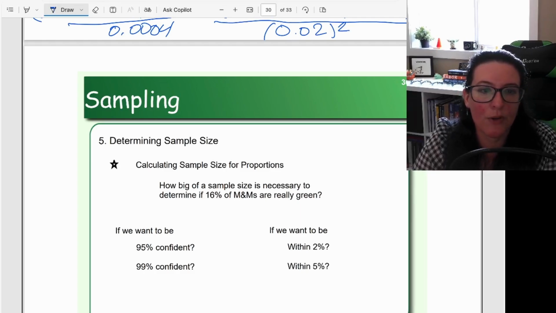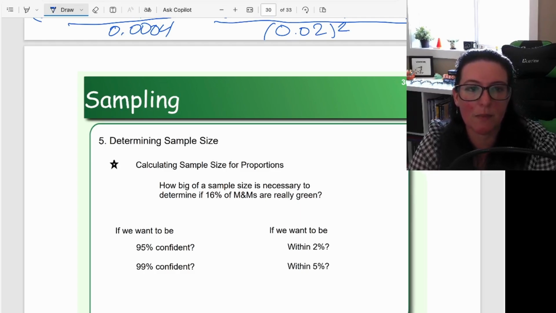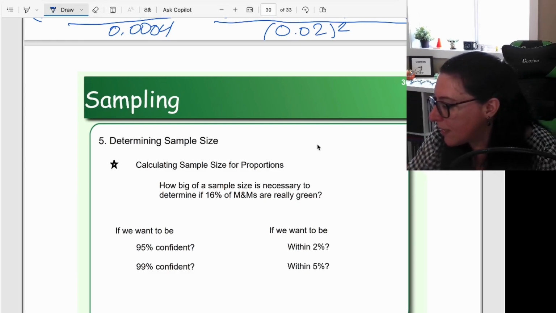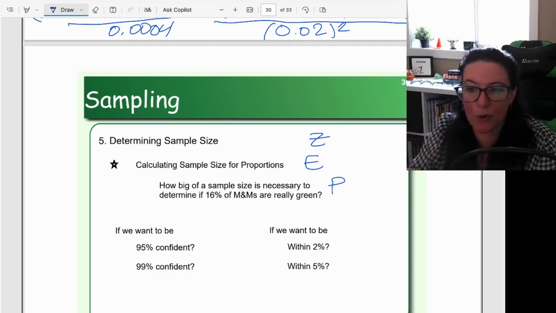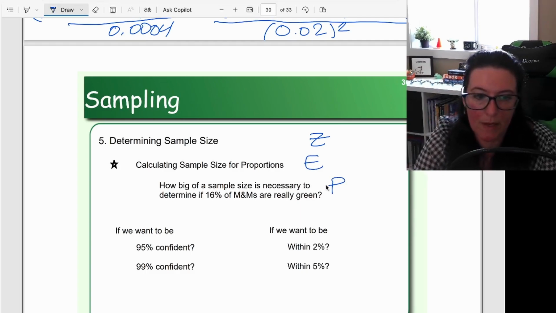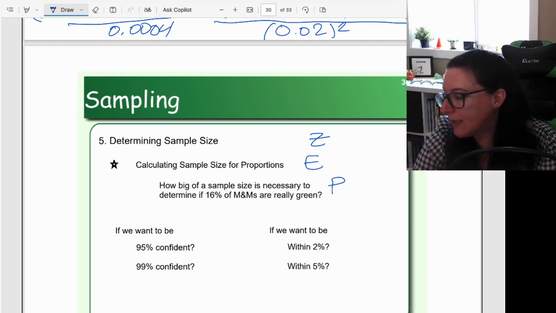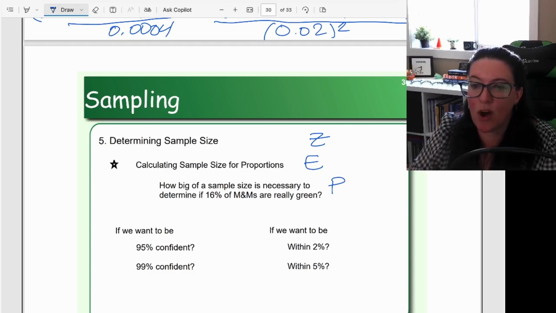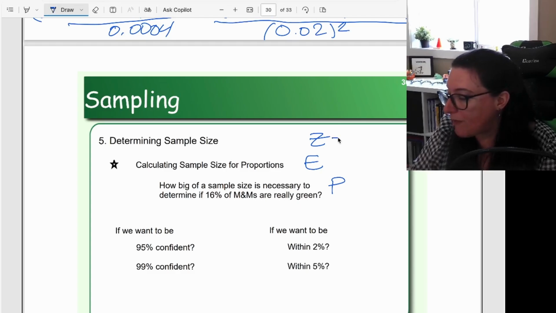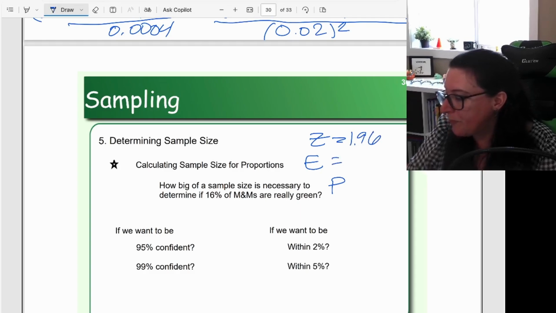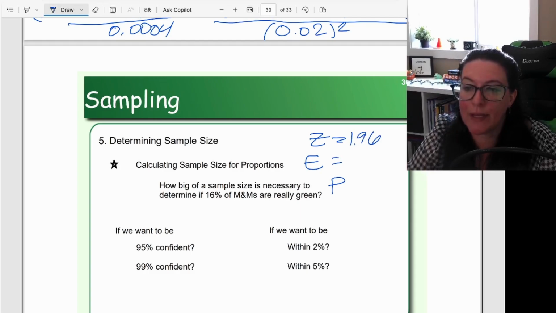In order to do this calculation, we need our Z-score, we need our error, we need our population proportion. Okay, so we could do our calculation. Let's say that it's a 95% confidence. If we're 95% confident, what's the Z-score? 1.96.